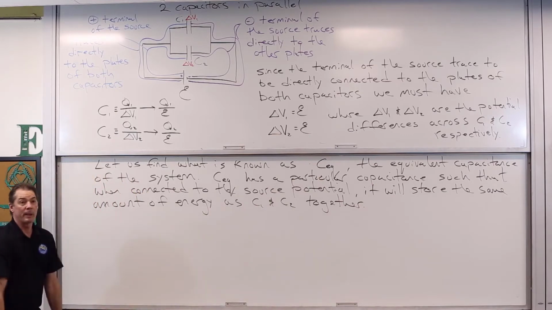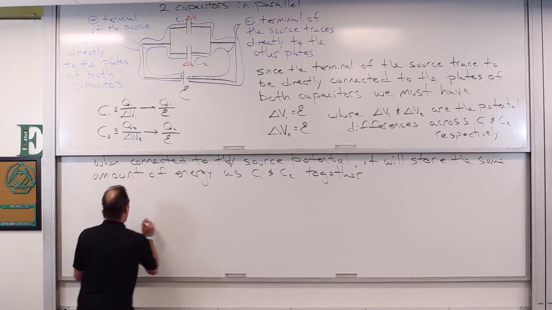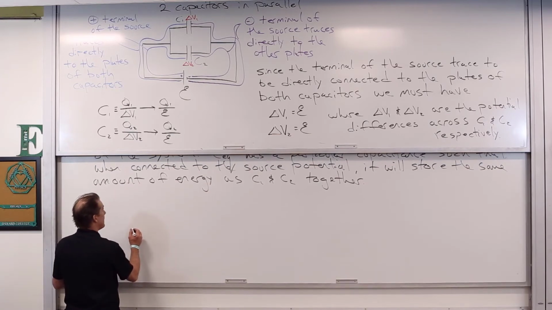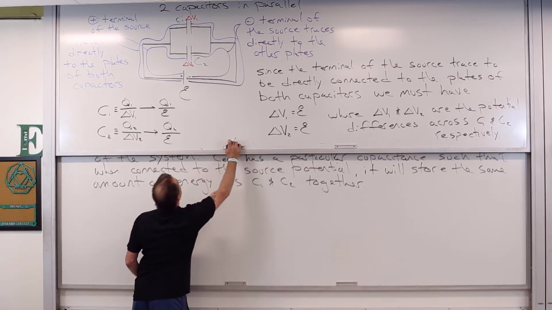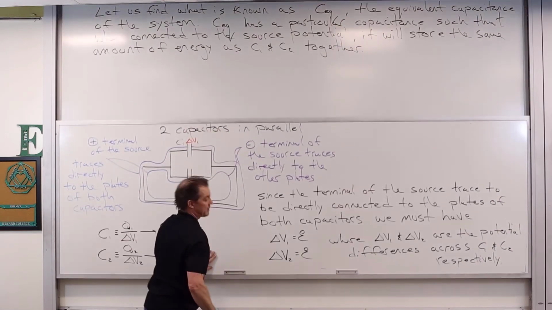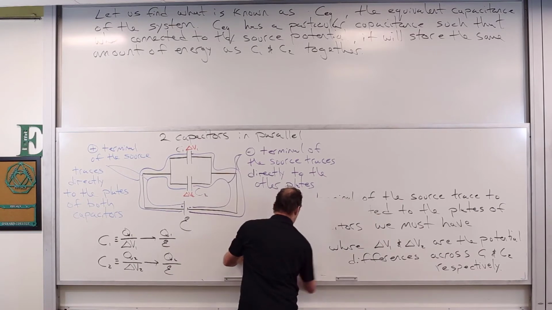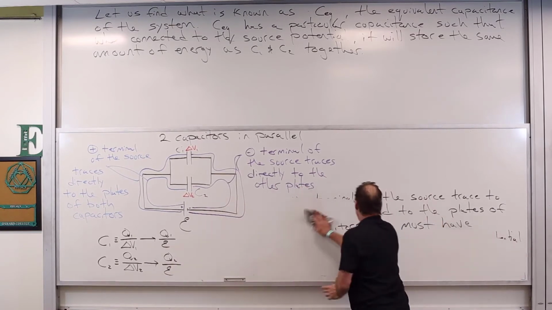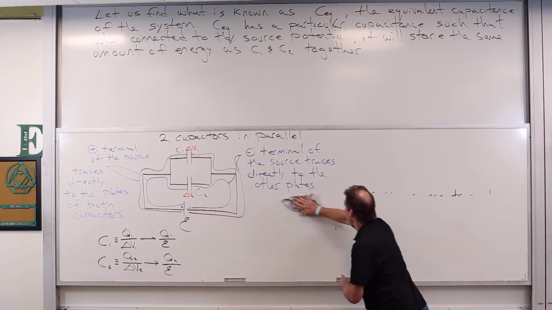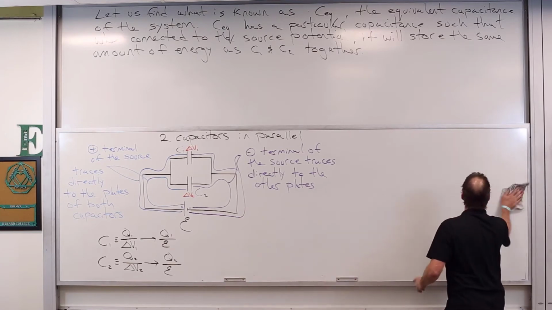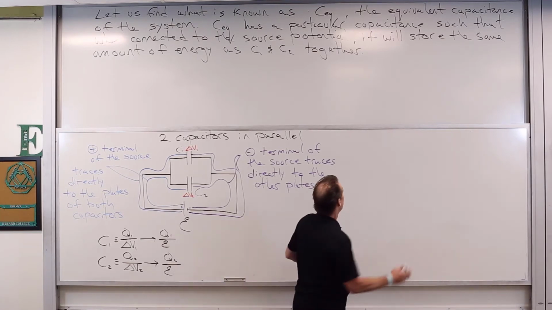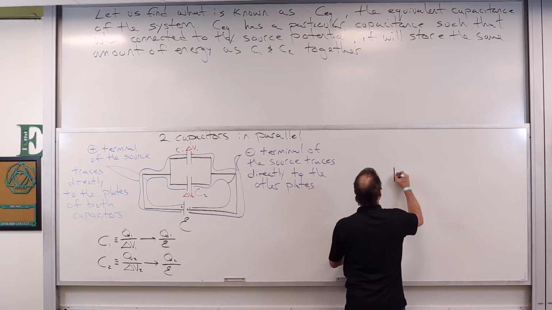All right, so how are we going to do that? Well, that's a good question. Let us start with this. What happens if we just go ahead and say, let me put this up here, reference this. We just go ahead and say, hey, we're going to take another system that only has one capacitor that's hooked up to the same source potential, and we're going to try to equate them. So we're going to go like this.